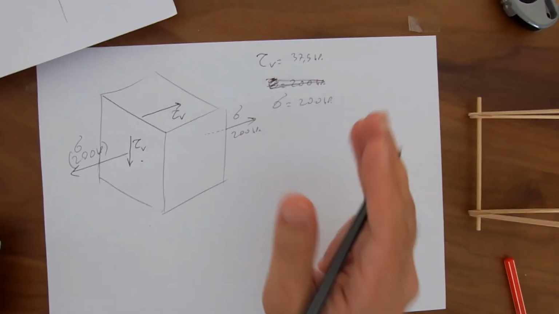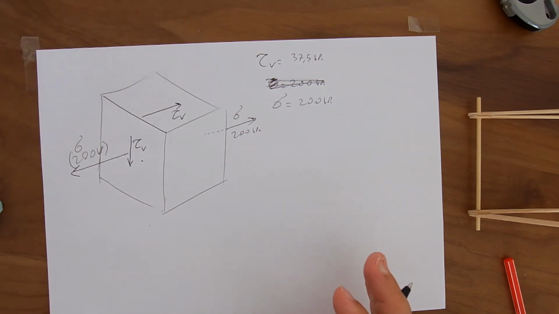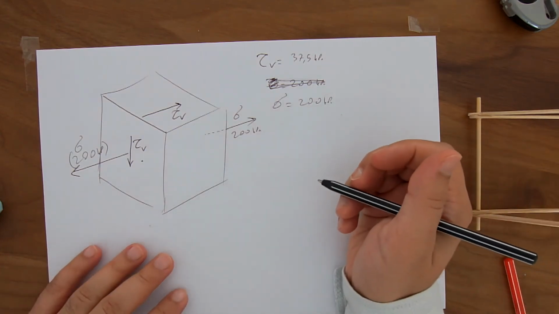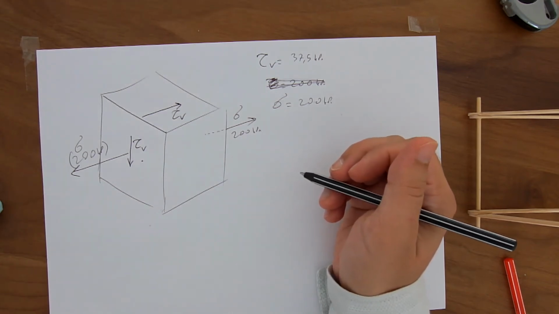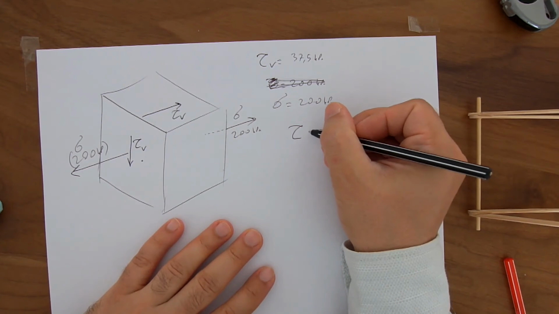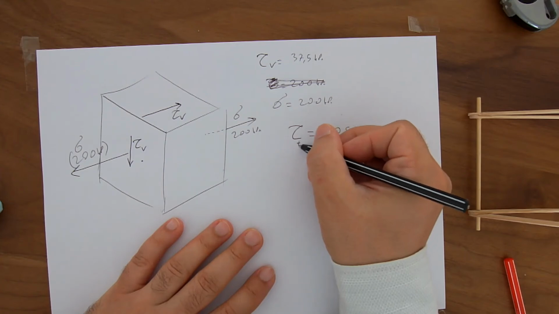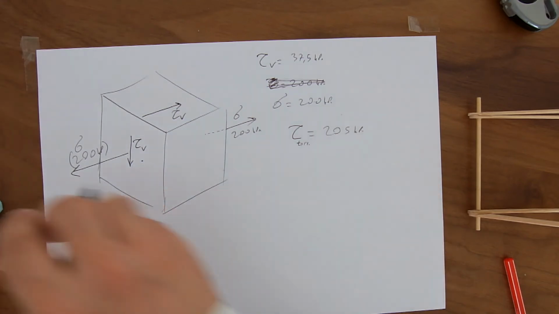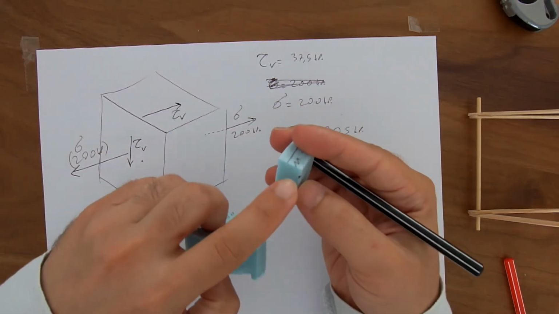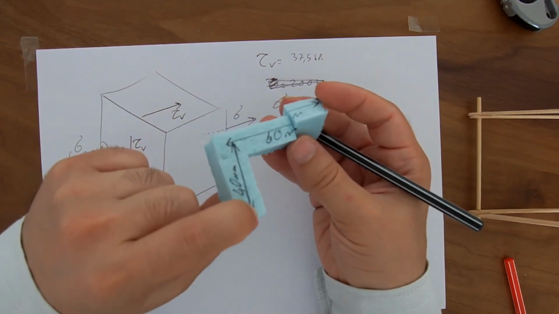So now the third stress that we have found is the torsional shear stress. The shear stress caused by the torsional moment, in other words, and we determined it as 205 kilopascal. Tau torsion, say. And where does it act? If we look at this section and the point, this was trying to rotate.